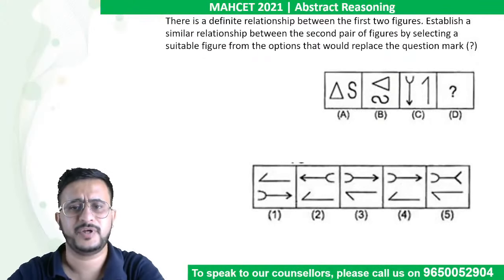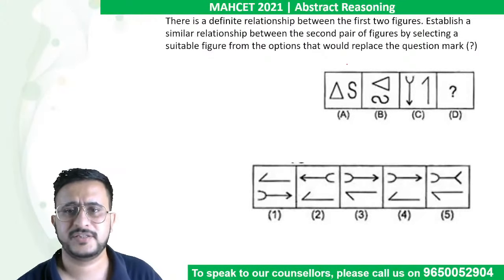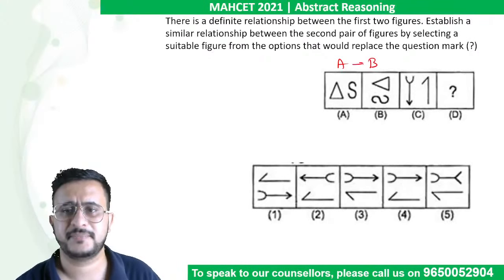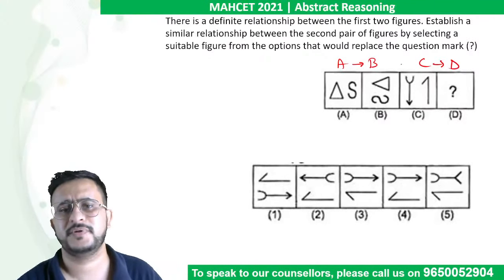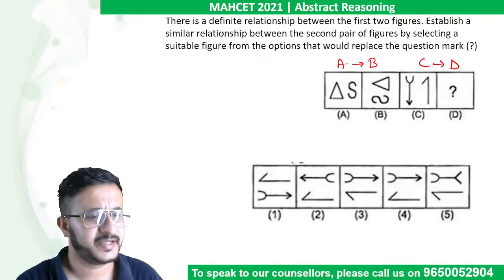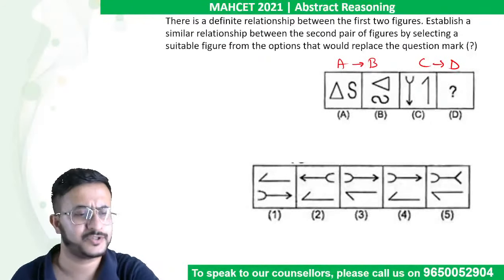You are given a question figure, you are given A and B. A and B will have some relation. The same relation has to be established between C and D. Okay, so let's solve some questions on analogies.